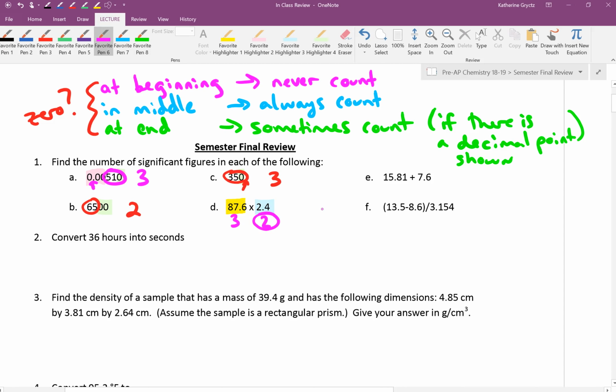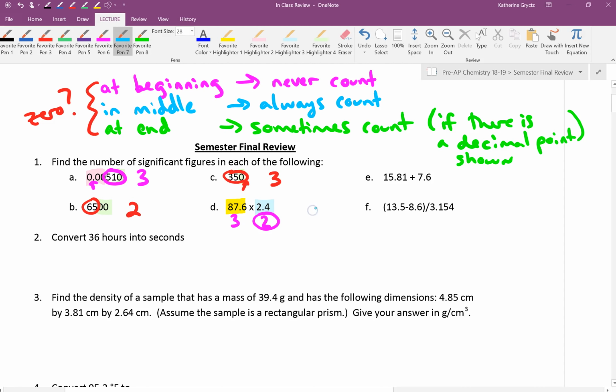It's not important necessarily that you multiply this, but if you did, your calculator would spit out 210.24, and you'd have to show just two significant figures, so that's what we'd show. That doesn't mean the number is 21. That means the number rounds to those 2 digits. We would give 210, and without that dot there, that 0 is not going to count.